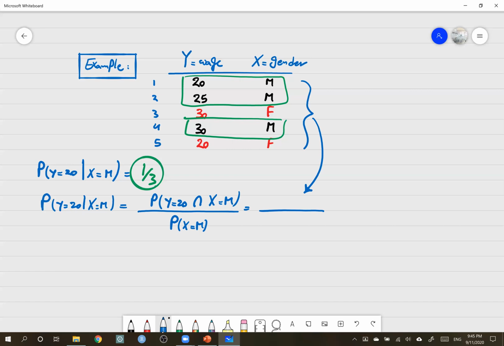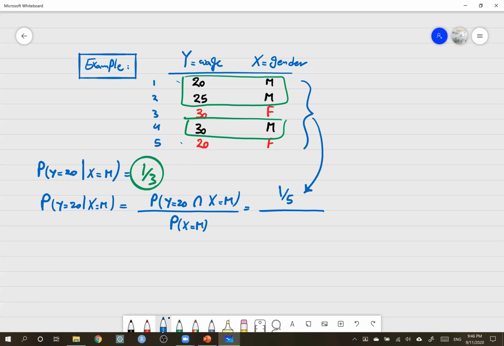I have two wages that are 20, this one and this one. How many of them are male? Just one of them. So what is the odds that out of these 5 observations, wage is 20 and gender is male? There you go, 1/5. Does that make sense? So that's the numerator.